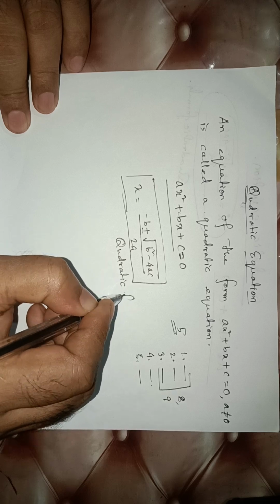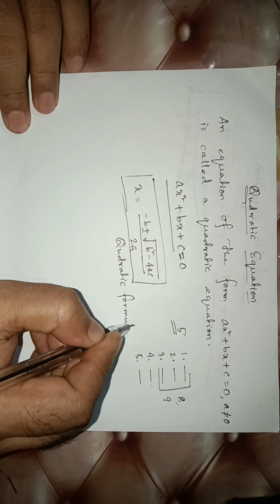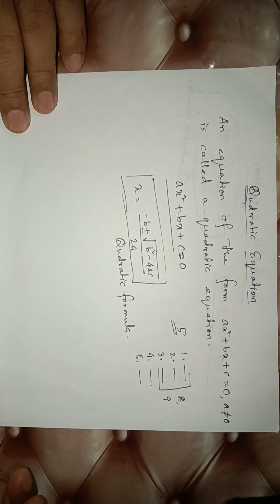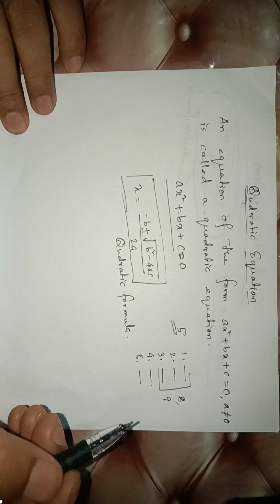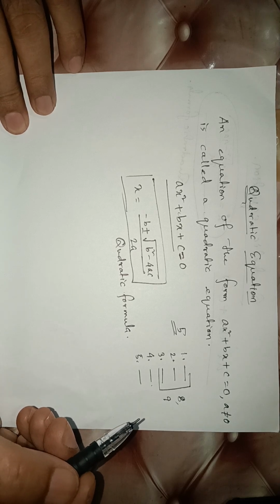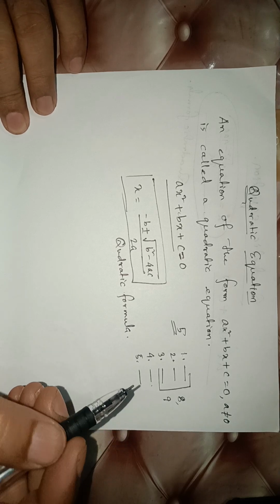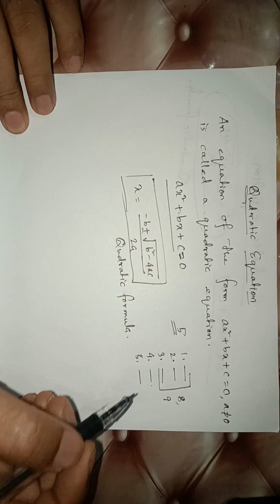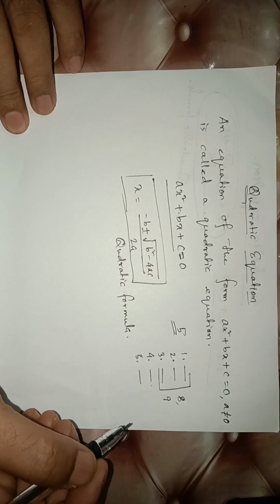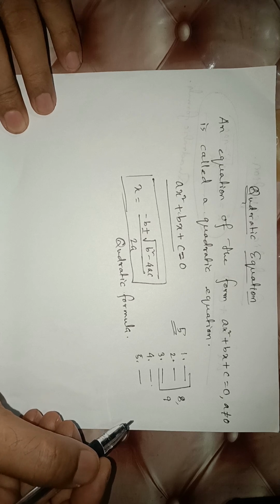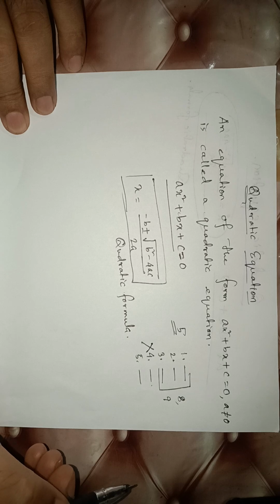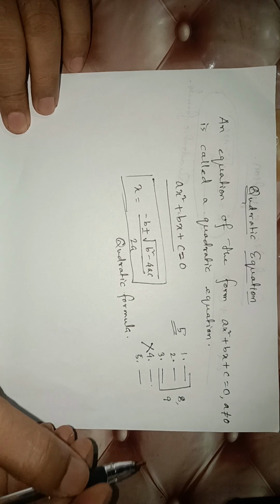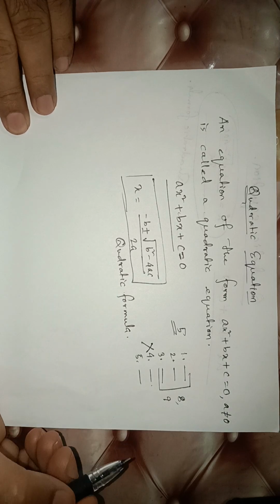Now, the method of completing square has been deleted by CBSE for near about 3 years. Before that it was in the course, but as far as my knowledge and as far as your syllabus, you have seen already, I think it is deleted by CBSE. Now the only option is the quadratic formula.